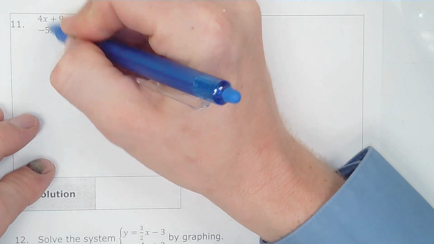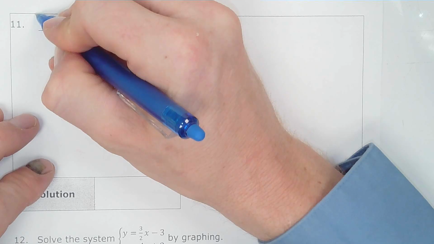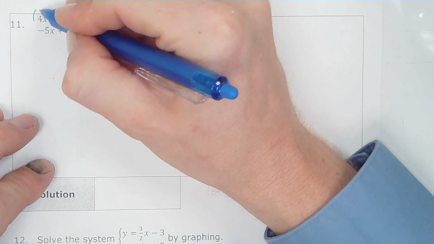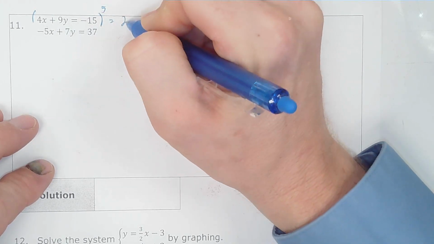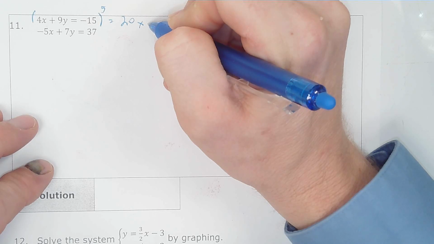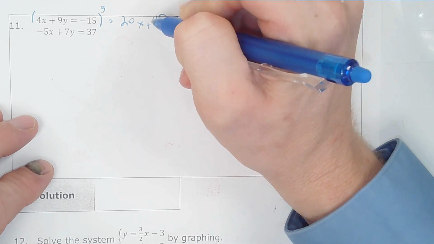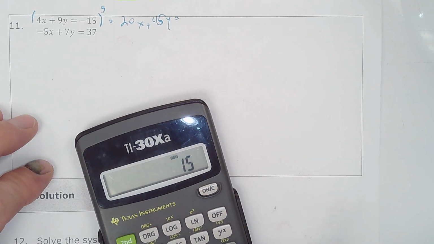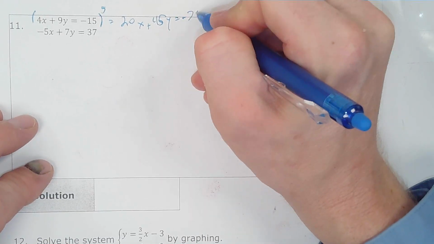So 4 and 5, the least common multiple between those two is 20. So I need to make this one 20x. So I've got to multiply everything by 5. Right, so 20x plus 45y equals 15 times negative 5, negative 75.